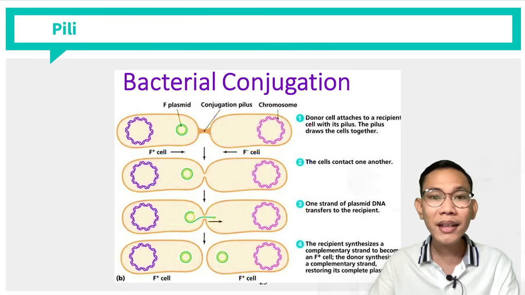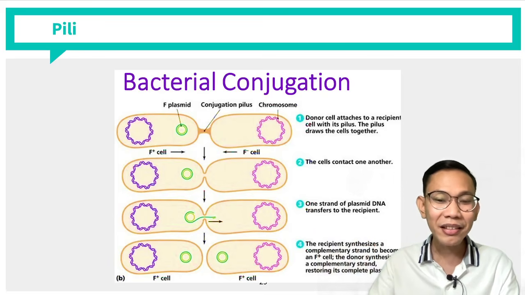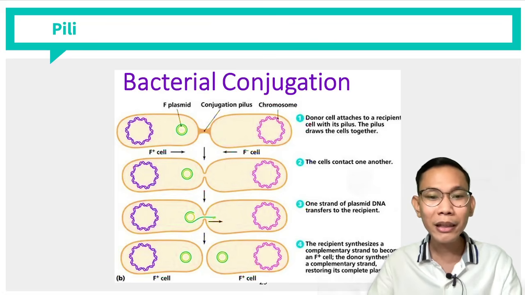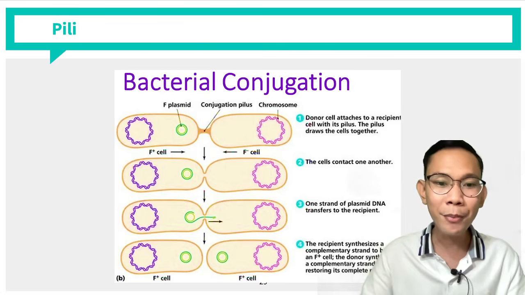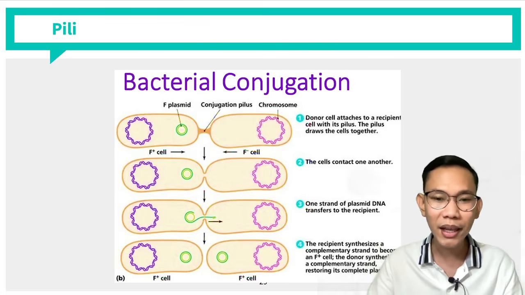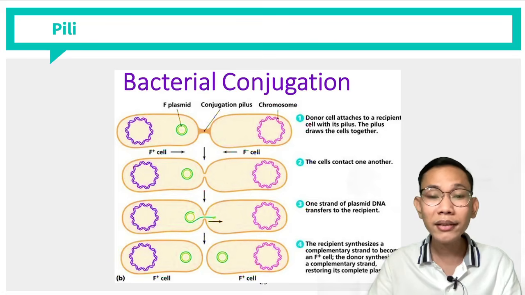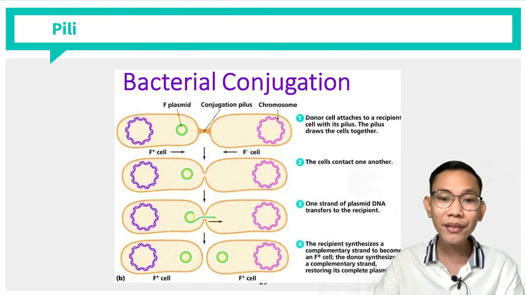Remember, this is an extra chromosomal DNA, so it may contain the data that it needs to become antibiotic resistant. So, for example, your F positive has this kind of characteristic, and you want to transfer that to a non-antibiotic resistant na cell. That's why it is F negative.